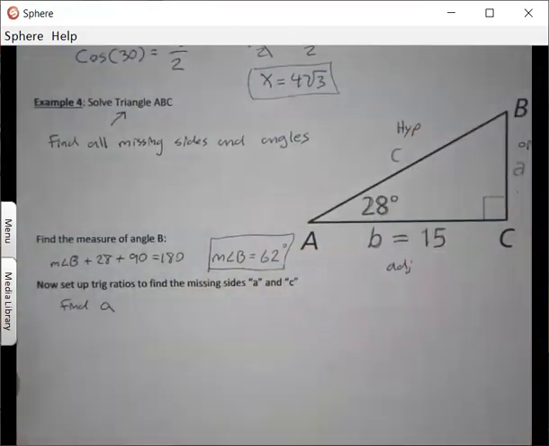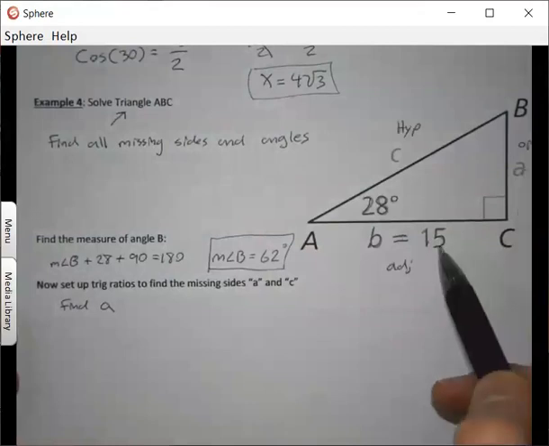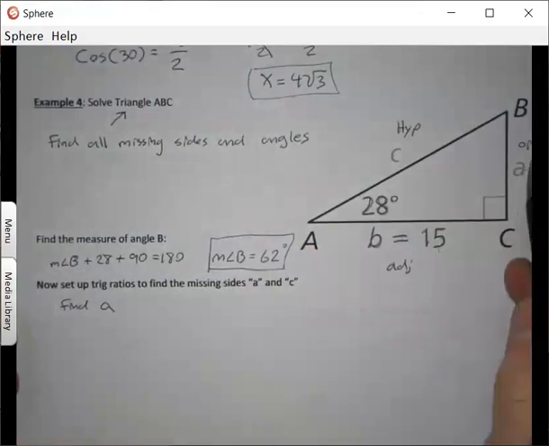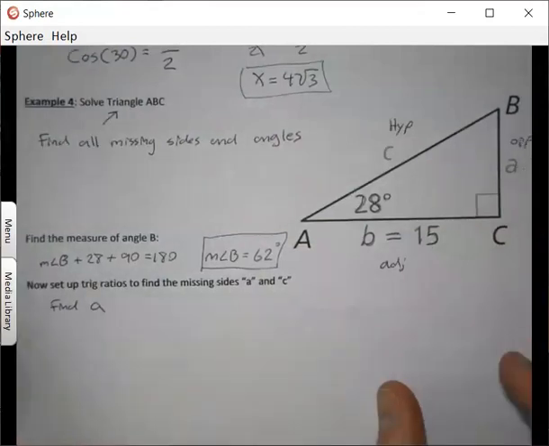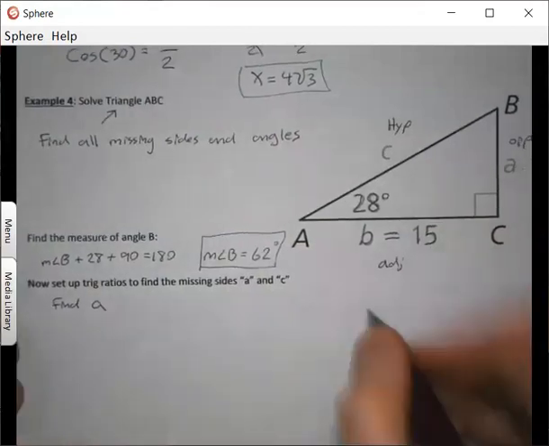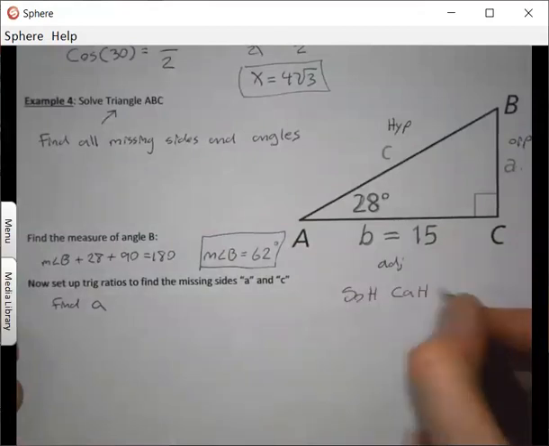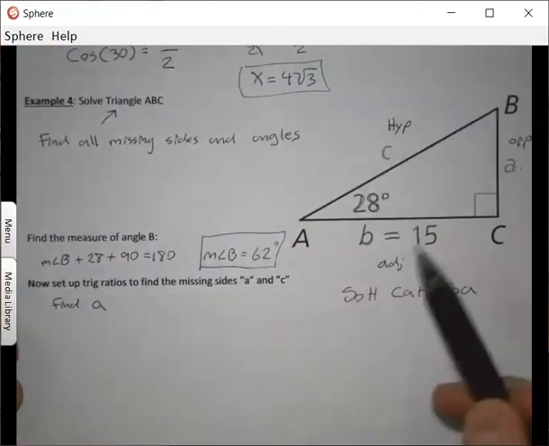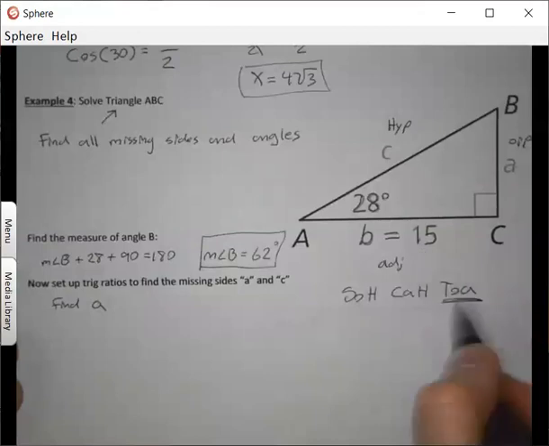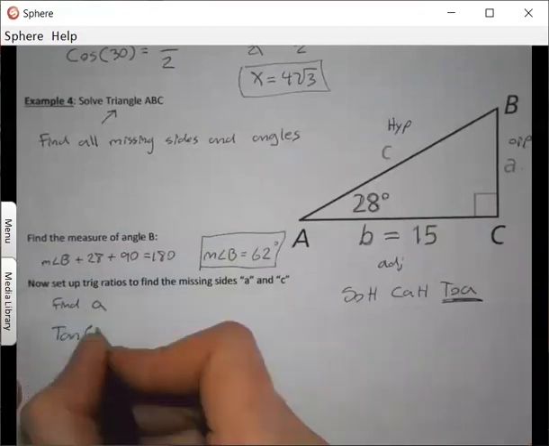So if I want to find A, and I'm going to use B, I have adjacent, opposite. So going back to SOHCAHTOA, adjacent, opposite, we can use tangent. So I'm going to set up my ratio and say the tangent of my angle, 28.